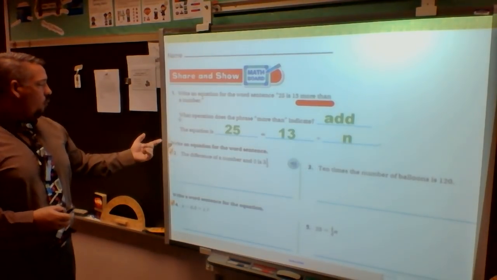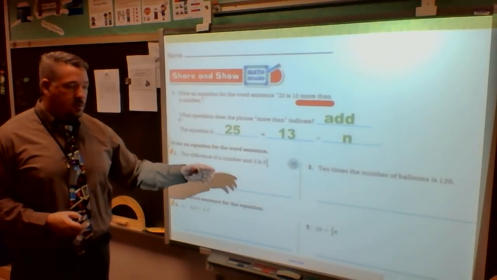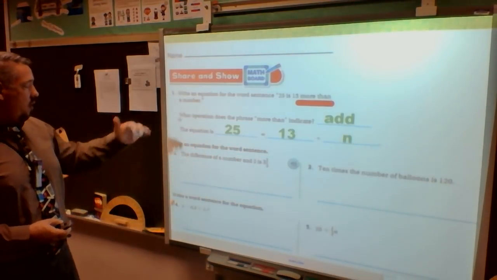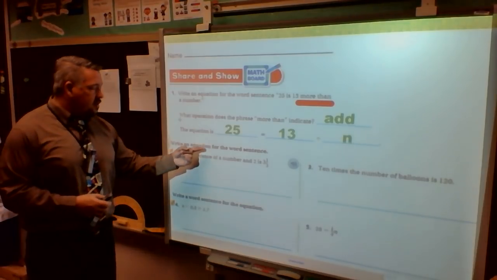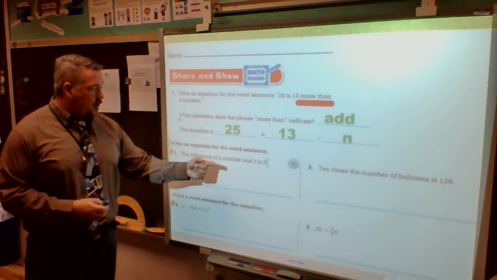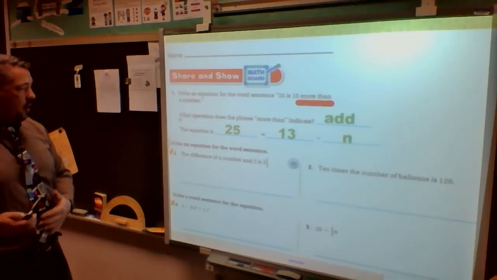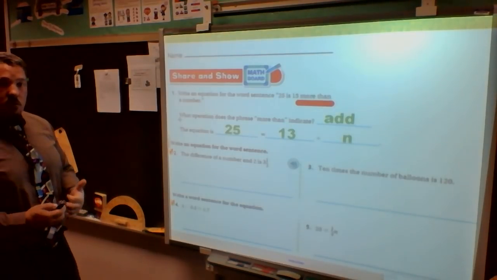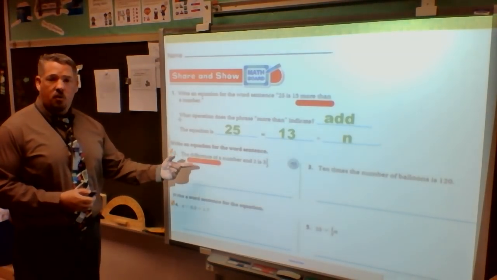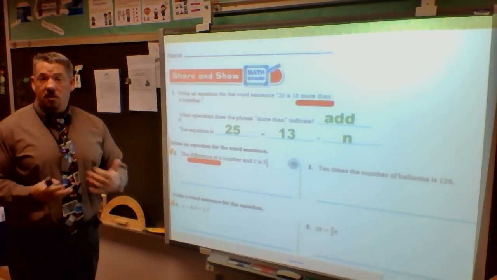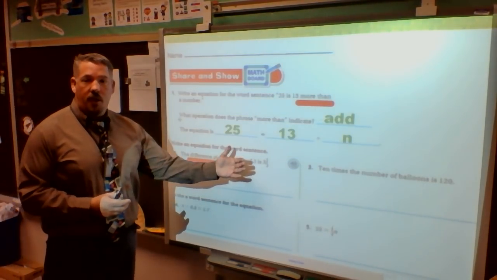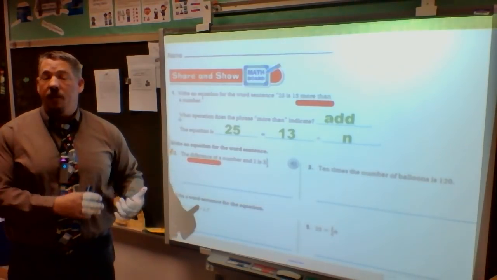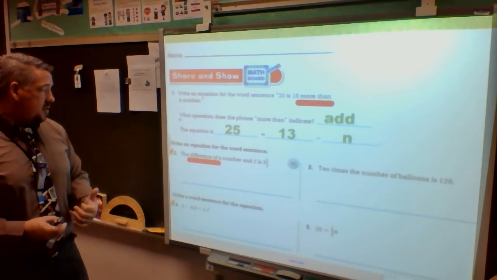This one says, write an equation for the word sentence. So now they give me the word sentence, and I'm going to write the algebraic equation. The difference of a number and 2 is 3 1/3. So the difference of tells me to do what? Tells me to subtract, right? And if it's subtraction and they give me an order that it has to be in, that's the order I have to write it in my algebraic expression.